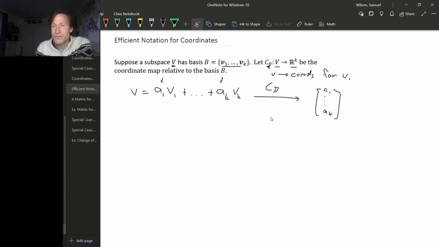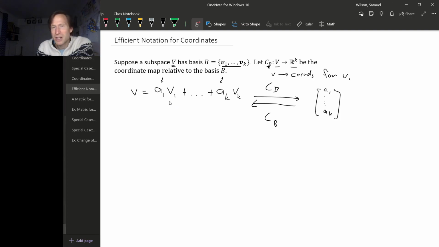And then the inverse of the coordinate map, which goes from R^k to V, just takes the vector of these coefficients and gives you that linear combination. But there is an extremely nice way we can write down what this linear combination is.